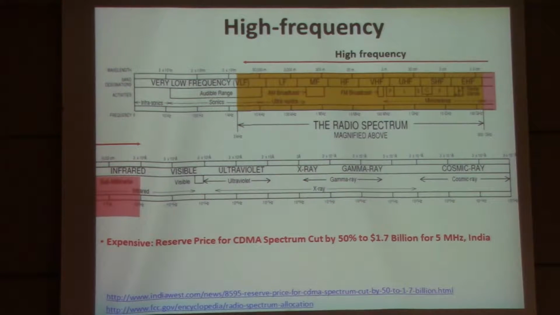Okay, so if you look at the spectrum from DC all the way to cosmic ray, right? People actually often say radio frequency, which is from about 3 kilohertz all the way to 300 gigahertz. And within this radio frequency spectrum, you have different bands, like microwave. Here it shows from 100 megahertz to 300 gigahertz, okay?